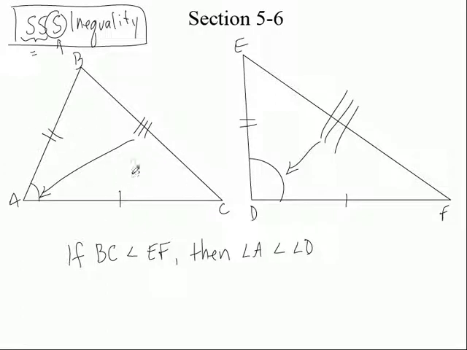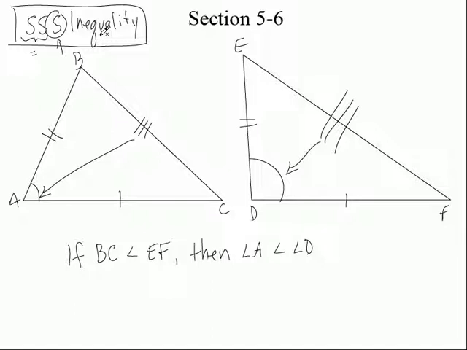If I have two sides equal to two sides and I have my third side unequal, that means one's smaller than the other or one's bigger than the other. If I have two equal sides and one unequal side, then what can I say about the angles? The angles are unequal too, right? That means this one's going to be smaller than this one. That's called the side-side-side inequality, or they call it the Hinge Theorem.